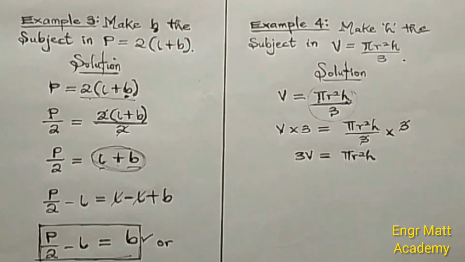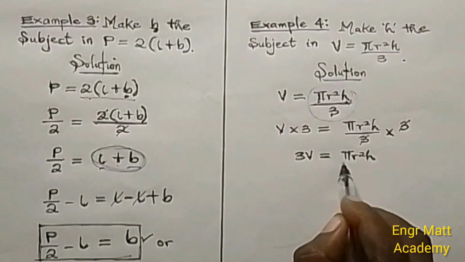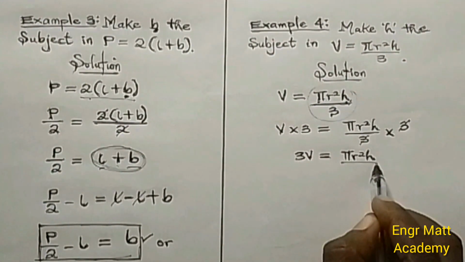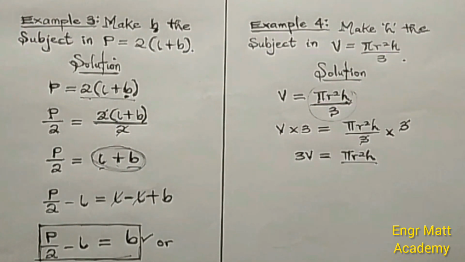Next, remember that all of these are combined by multiplication. So to isolate h, we need to reverse the multiplication operation. And how do we do that? Whenever we have multiplication, we reverse it by dividing. So we divide both sides by pi r squared.